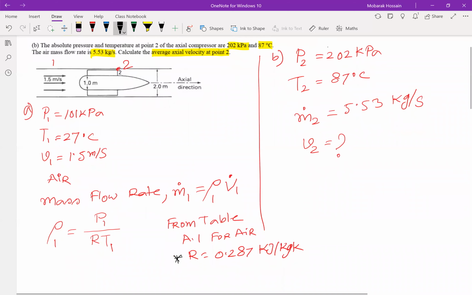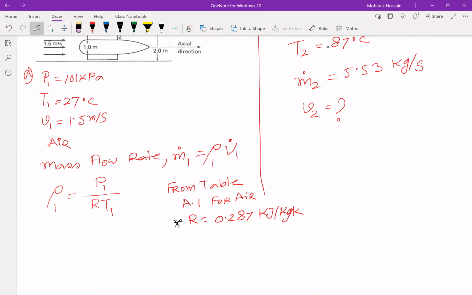Now the rest are all given. Pressure is 101 kilopascal and T1 is 27 degrees centigrade. Your R unit is in Kelvin and currently T1 is in centigrade, so we need to convert centigrade to Kelvin, otherwise there will be a problem with the unit. Now put in all the values. P is 101 kilopascal, so 10 to the power 3.